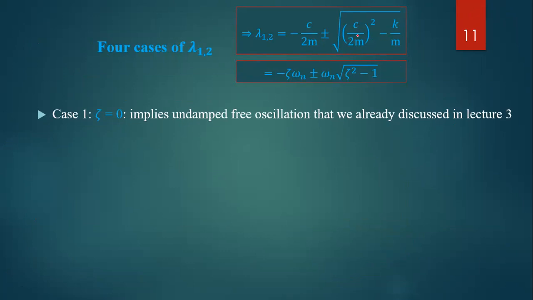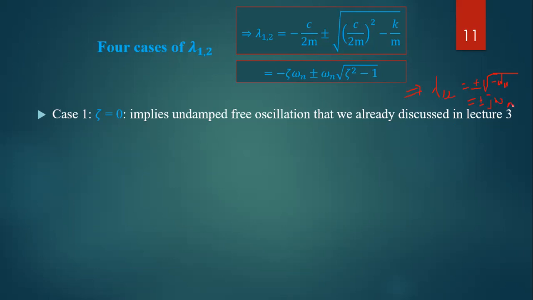When zeta is equal to 0, what will happen? This term is 0. Again, this is 0. We have left only lambda 1,2 is equal to plus or minus radical minus omega n, or plus or minus j omega n is left.